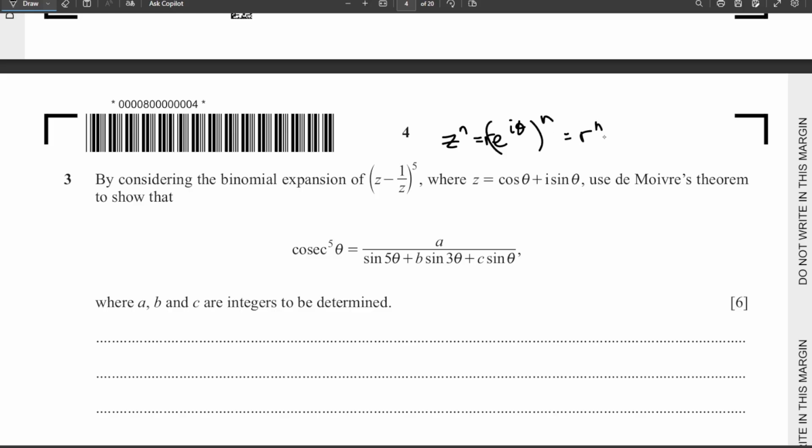That can be expanded to e to the I n theta, which is the same as, once you expand it to the sine and cosine form, the n goes inside. Sorry, it's cosine first: cosine n theta and I sine n theta.